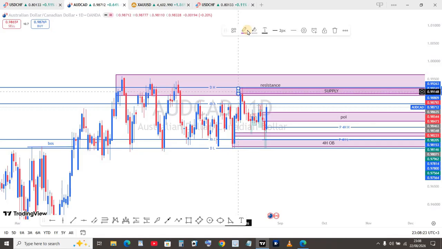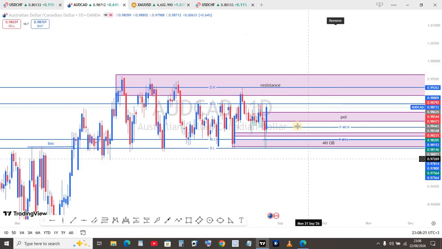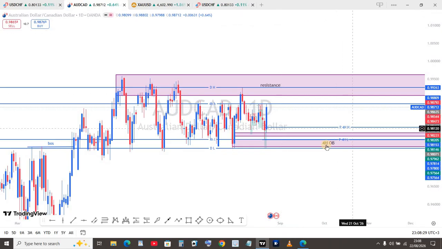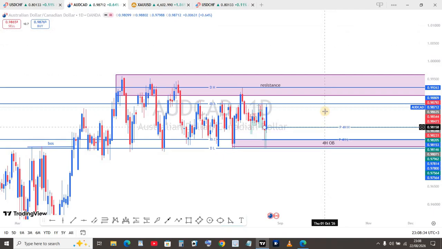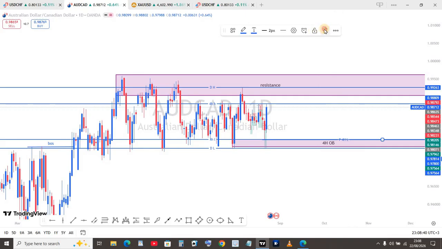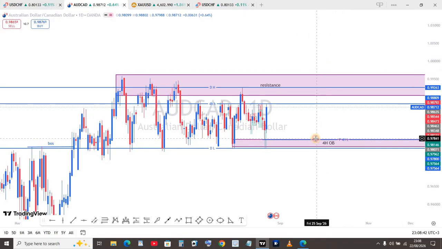So what I will do, I will erase this inside supply zone and this point of interest, to make the chart clear, and this one also, and this one. So the chart is very clean and clear.